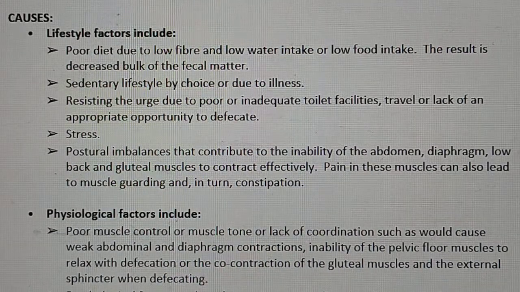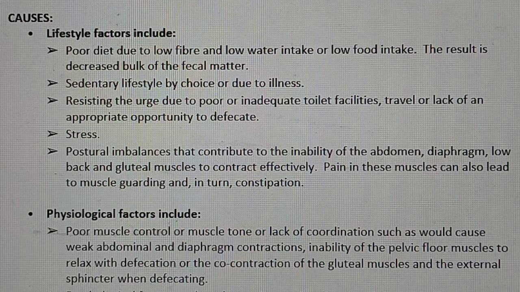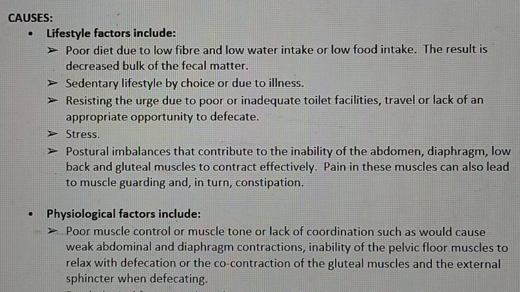Causes of constipation. So there are lifestyle factors that include poor diet. Okay, just read on the information. There's a sedentary lifestyle. Okay, so there's resisting the urge due to poor or inadequate toilet facilities, travel, or lack of an appropriate opportunity to defecate, to move the bowel.